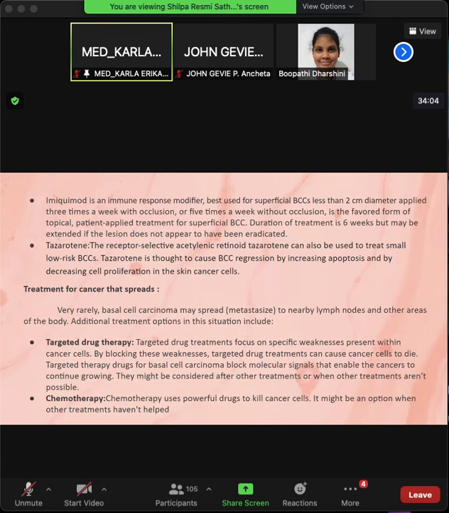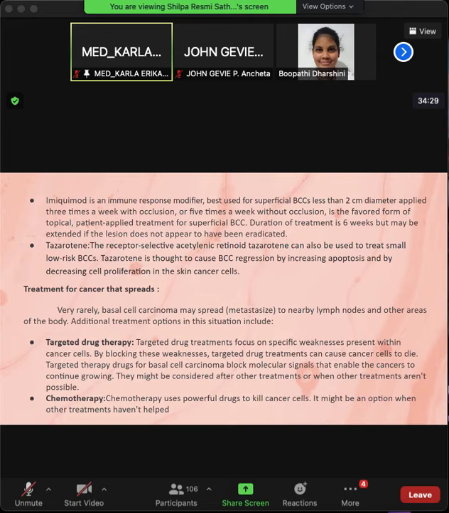Imiquimod is an immune response modifier best used for superficial BCC less than 2 centimeters in diameter, applied 3 times a week with occlusion or 5 times a week without occlusion. It is a favored form of topical patient-applied treatment for superficial BCC. The duration of treatment is 6 weeks but may be extended if the lesion does not appear to have been eradicated.